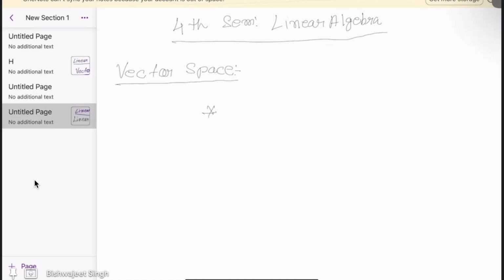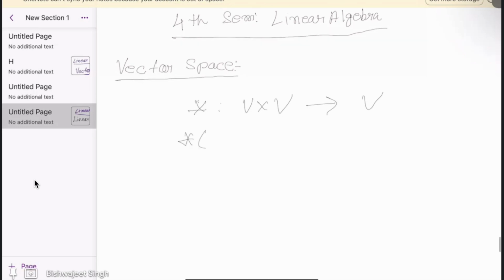We used to take operations in groups also, right? So you can just think for right now that there is some operation star that you operate on a set V cross V, and the result is again going to be in V. So basically star will take two elements and map them to some other element in the set itself.